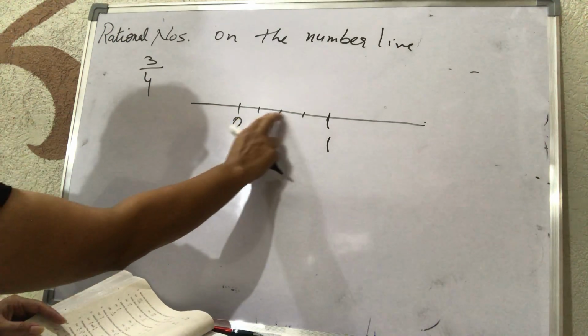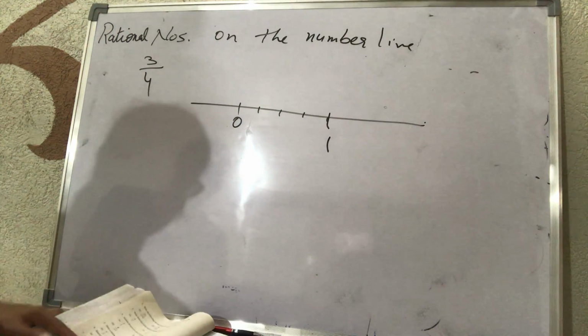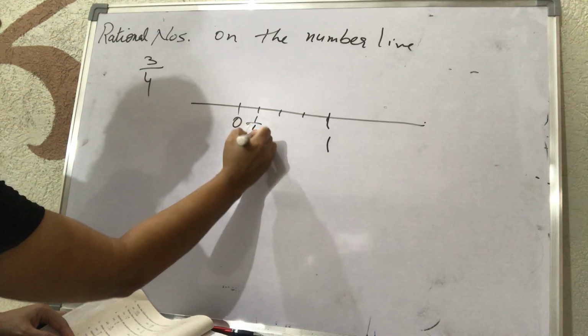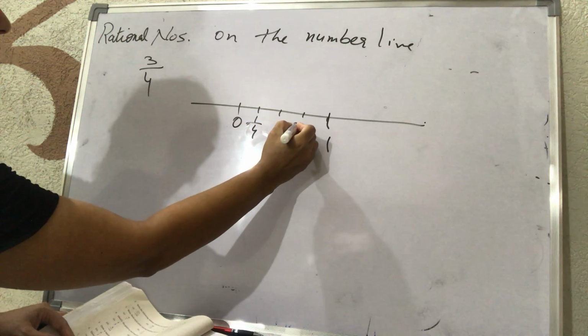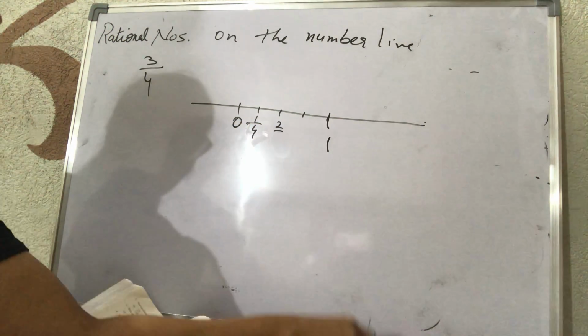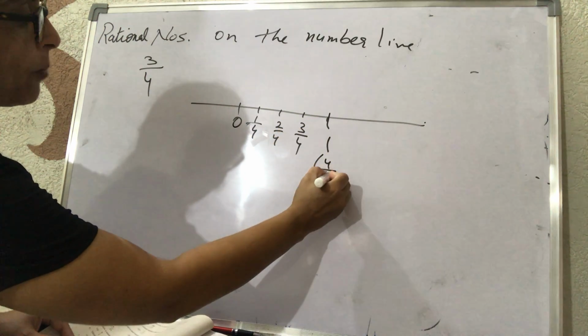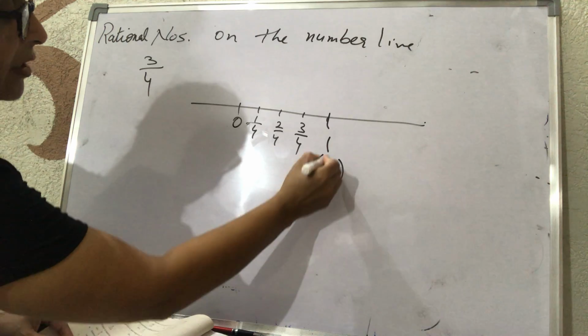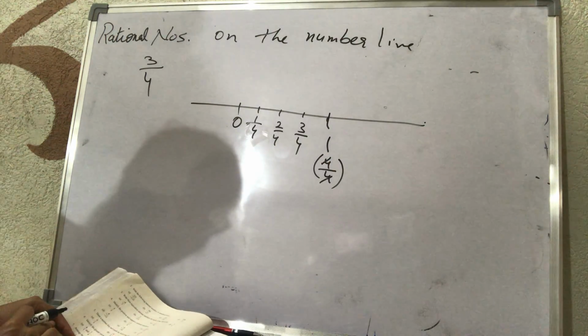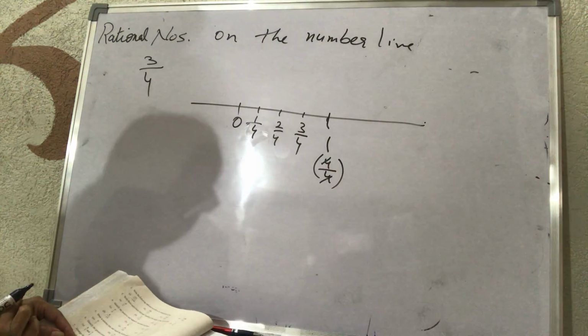And these should be equal parts, of equal length. So the first part will be 1 by 4, the second part will be 2 by 4, the third part will be 3 by 4, and this part will be 4 by 4. That has become 1 after the cancellation of 4 and 4. 4 ones are 4, so that number will become 1.